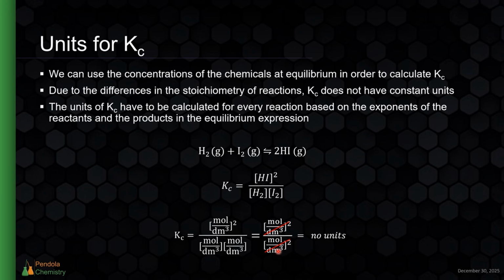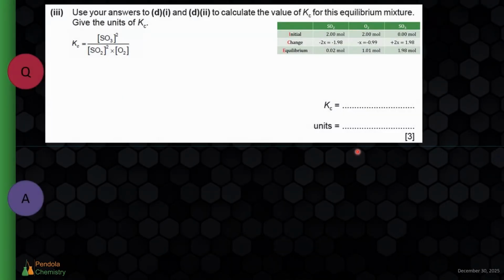So let's do a problem where we not only find the value of Kc based on the AICE table we just did, but we actually look at the units. So let's look at this question.